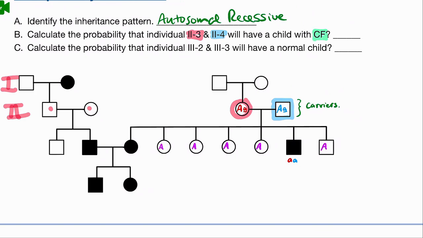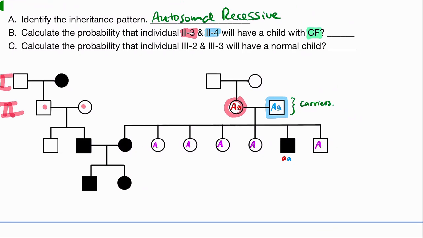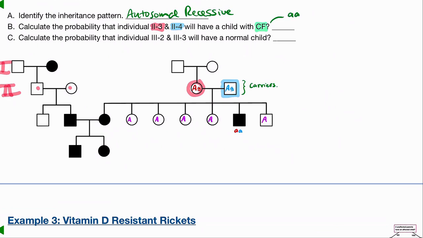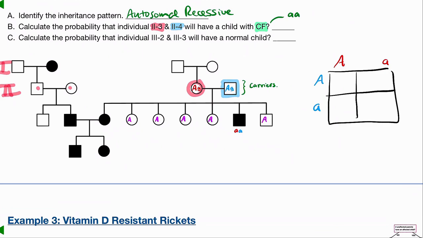Okay, well, now that I have the genotypes of those two, I could do a Punnett square, right? So cystic fibrosis, remember, that's going to be a little a genotype. Well, if this parent here, 2, 3, has a big A or a little a, they can give their offspring, and this father here has a big A or a little a, then it looks to me like it's going to be a 25% probability, but let's just check.